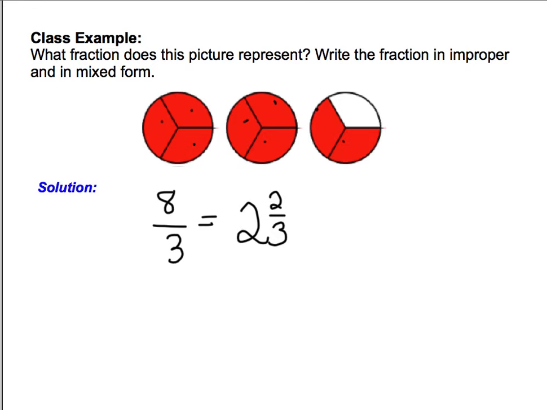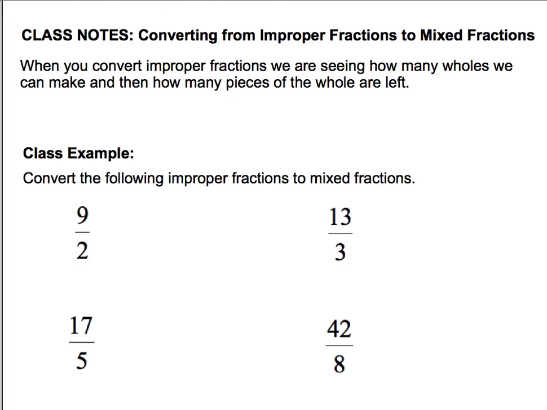Okay, now this is a review of grade 6, but you need to know how to do this in order to continue on to adding mixed fractions. So we're going to convert improper fractions to mixed fractions. When we do that, we want to see how many wholes we have. So basically we're going to do some division. Now there's many different ways we can do this.